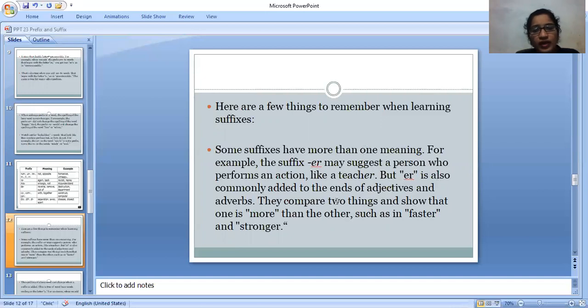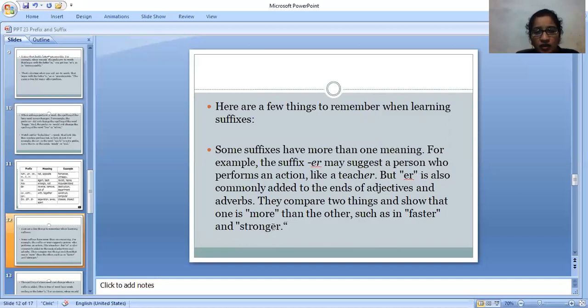But er is also commonly added to the ends of adjectives and adverbs. It's not that every time you add er that it must indicate a person who performs an action, but in most cases that's the case. That's the rule, right? When you add er to a verb, mostly you will get a noun, a person who performs an action. But er can also be added to an adjective to show a comparative degree, right? They compare two things and show that one is more than the other, such as in faster and stronger.